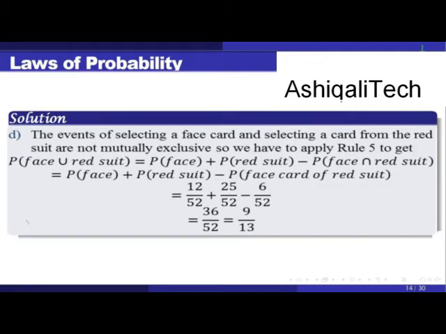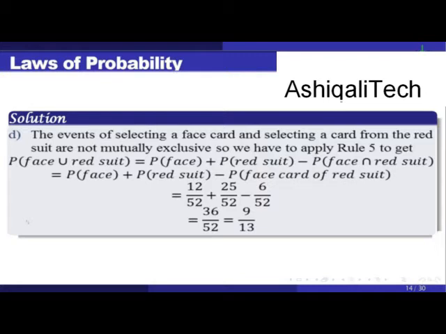Dear students, now we solve part 4. The event of selecting a face card and selecting a card from the red suit are again not mutually exclusive. So again we have to apply rule number 5. So probability of face union red suit is equal to probability of face plus probability of red suit minus probability of face and red suit.